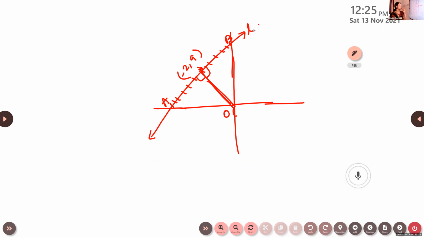How to do this, children? Tell me. Which formula do we have to use? We are asked to find the equation of the line AB, isn't it?